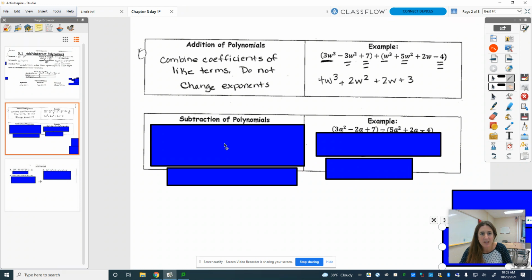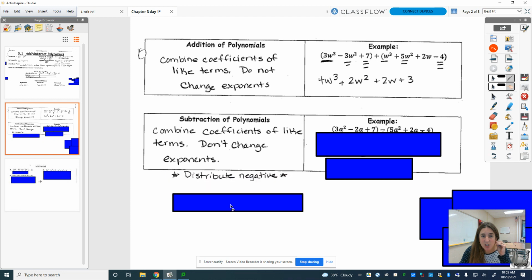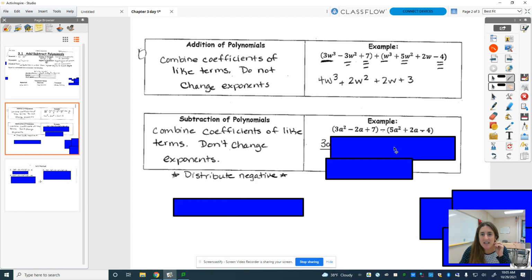Okay, let's keep going. If we want to subtract polynomials, we're going to combine the coefficients of like terms again. Don't change the exponents, except you have to distribute the negative. So in this example here, I'm going to keep these guys the same from that first set of parentheses, but the second set of parentheses, that negative has to distribute.